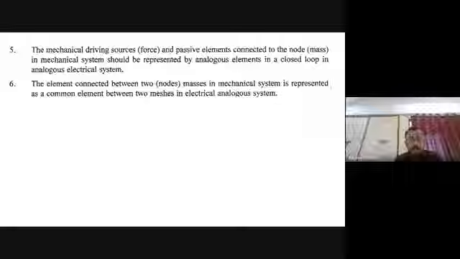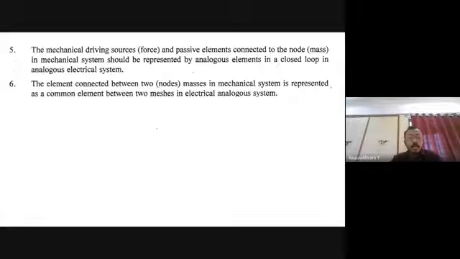So in mechanical system, we talk about the node; in electrical system, we talk about the meshes. So if there is any element connected between the two nodes, it should be represented as an electrical element between the two meshes. Okay. So these are all the 6 points given for force voltage analogy.